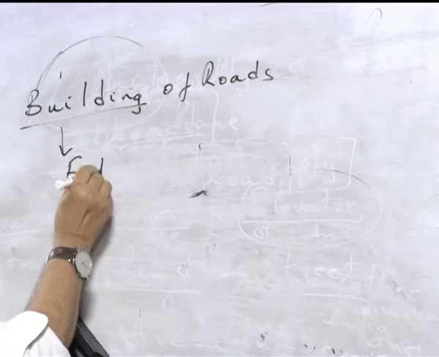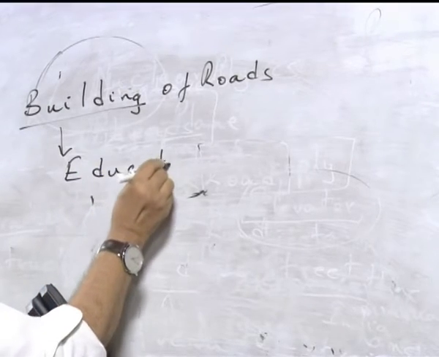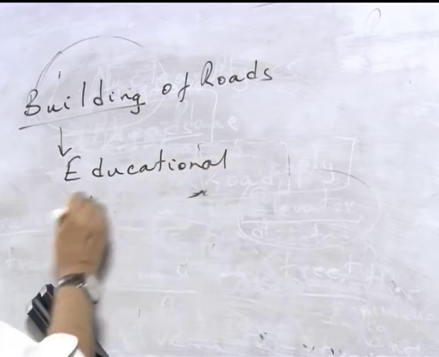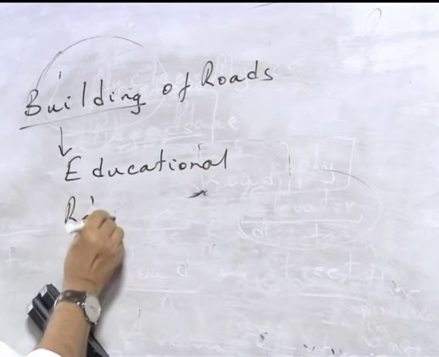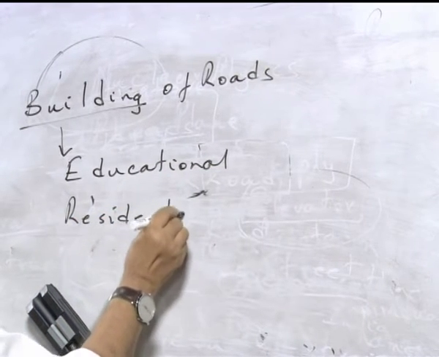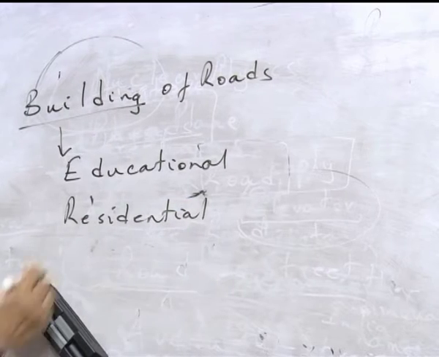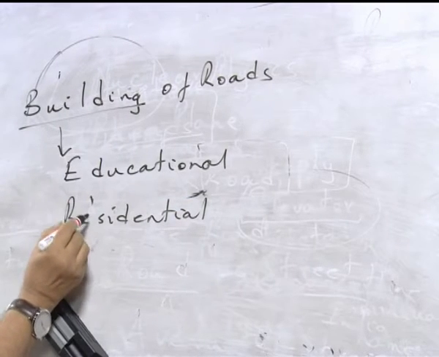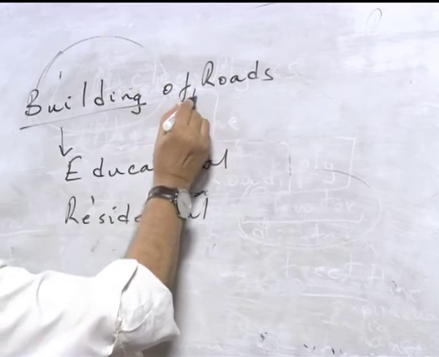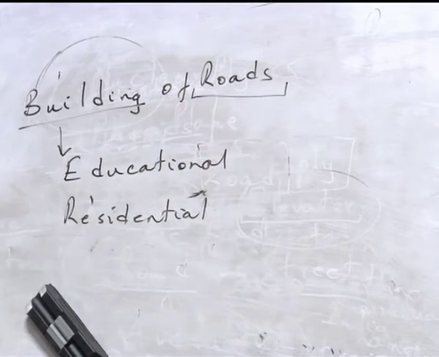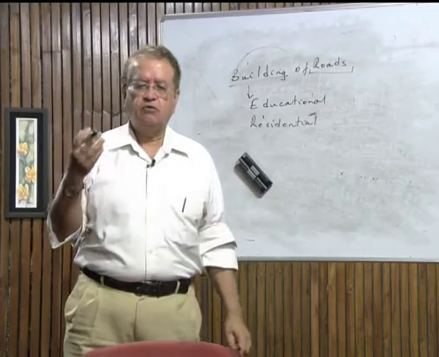For example, we have educational buildings, we have residential buildings, and we have institutional buildings, but material on this would also be retrieved, whereas you only want material which deals with how roads are to be built.